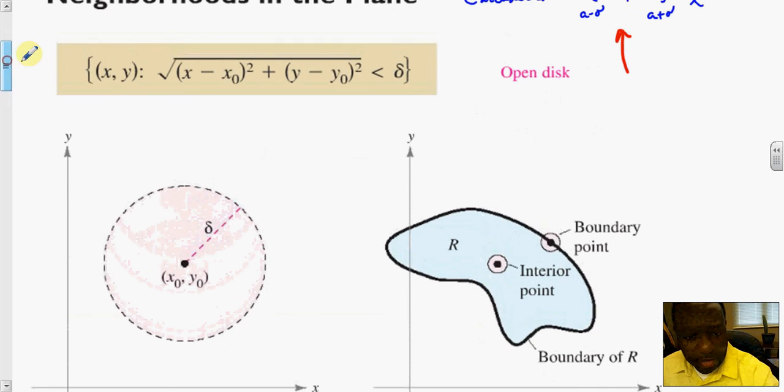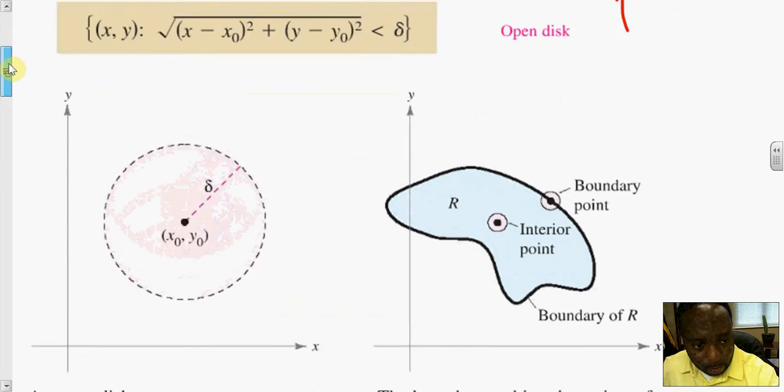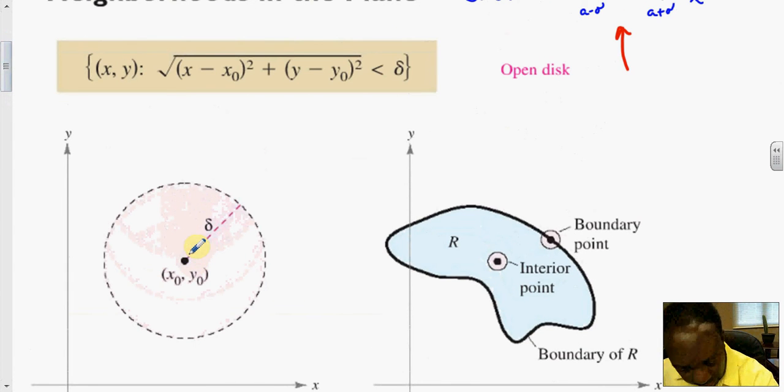Here a function z could depend on x and y, or a function could depend on x, y, and z. So if that be the case, then we talk about the same point that's centered, and then we can talk about what happens around it.